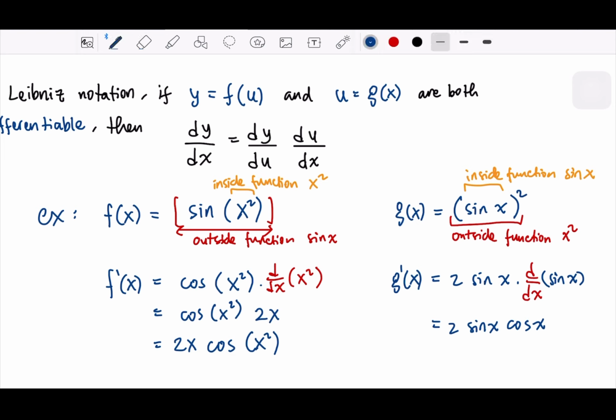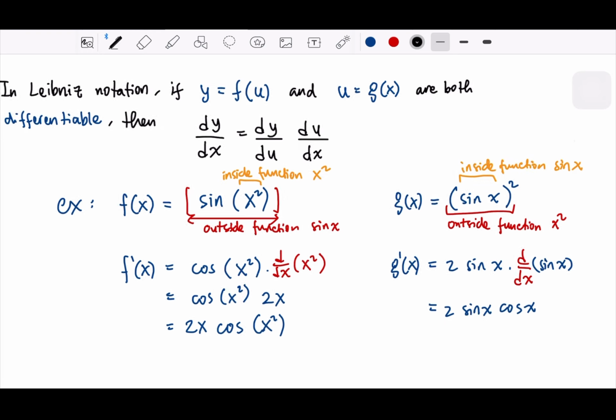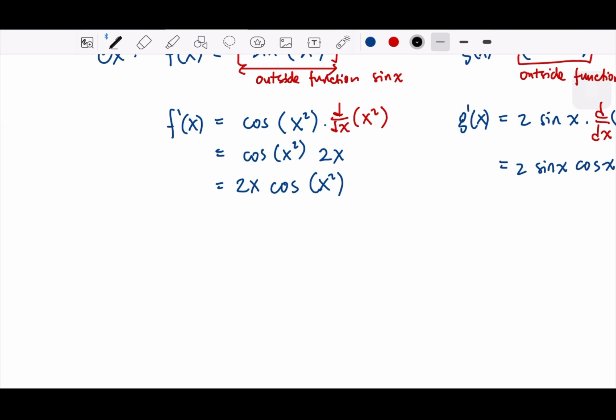Okay. So I will try to get on the chain rule again. Let's try one more here. Example. Let's say we have h.